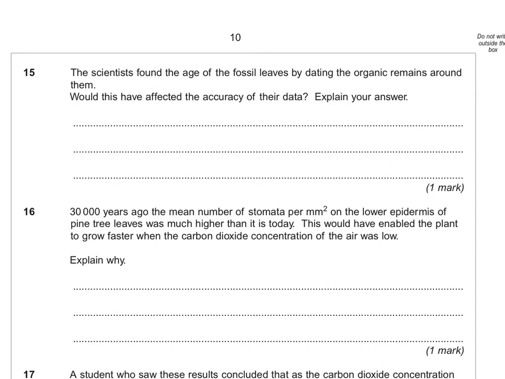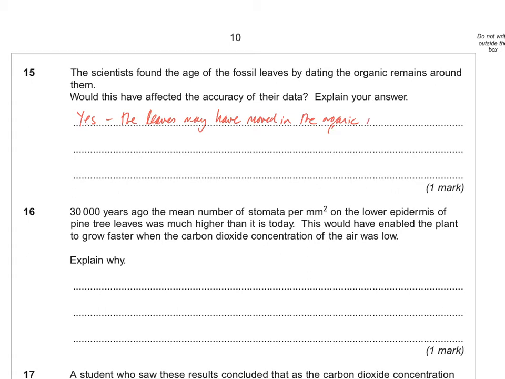So 15, the scientists found the age of the fossil leaves by dating the organic remains around them. Will this have affected the accuracy of their data? Explain your answer. So I can say yes, it definitely would. The leaves may have moved in the organic remains, as in the organic remains are not typical of the age of them.